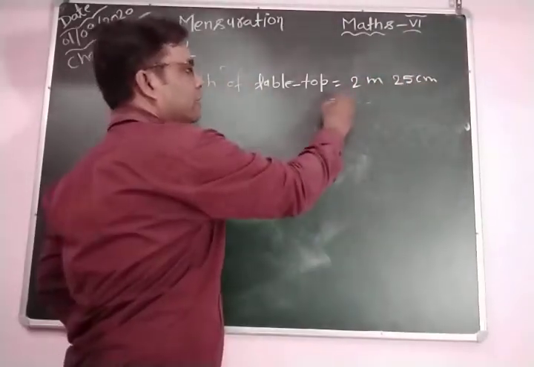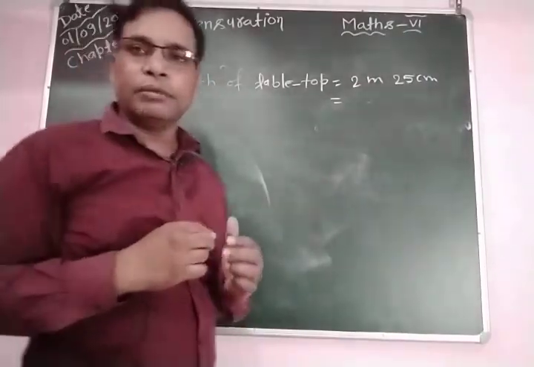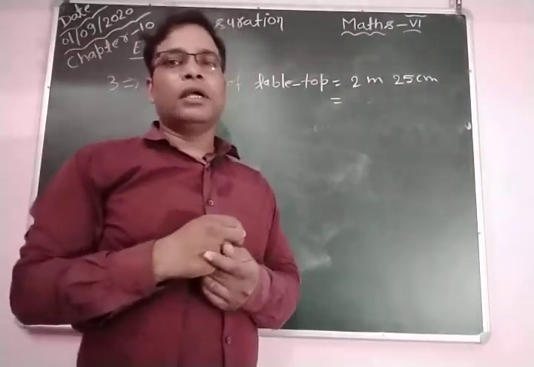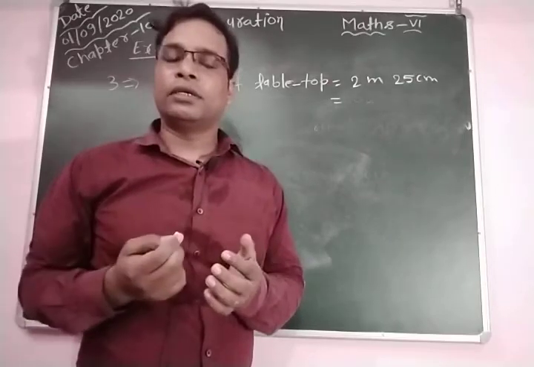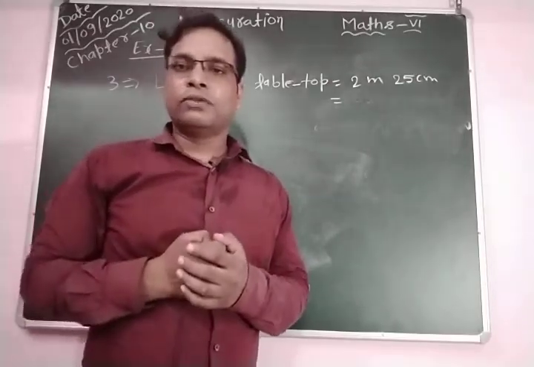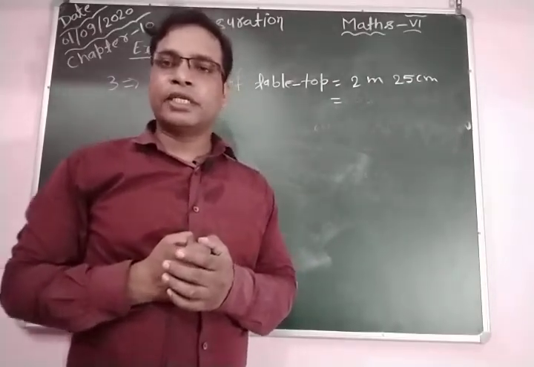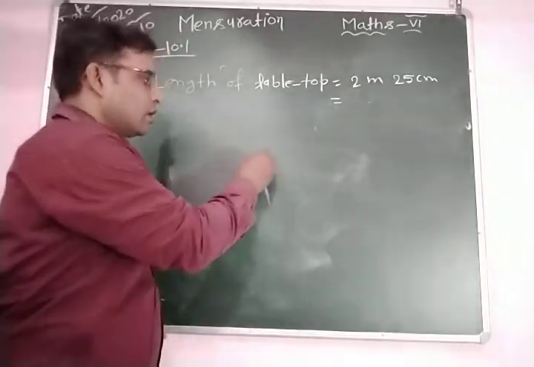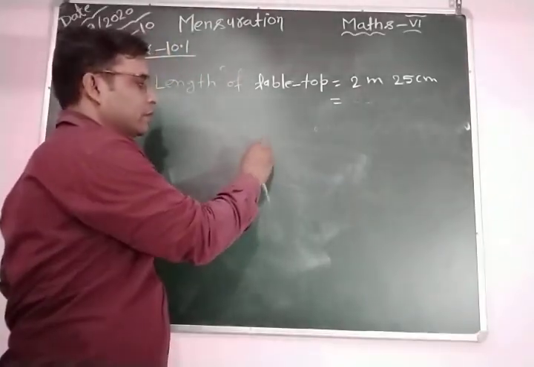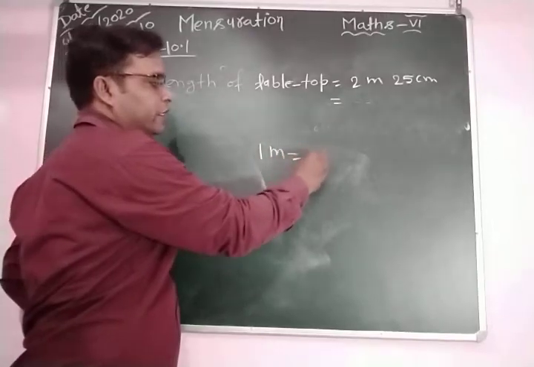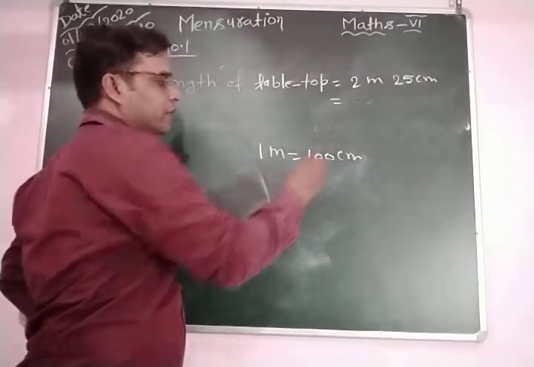So first we convert 25 centimeter into meter, or we convert 2 meter into centimeter. I hope all of you know the relation between meter and centimeter. We have 1 meter is equal to 100 centimeter.